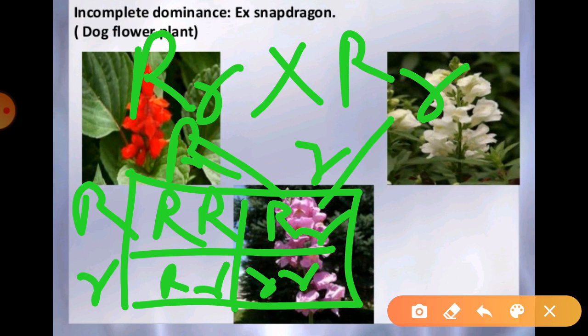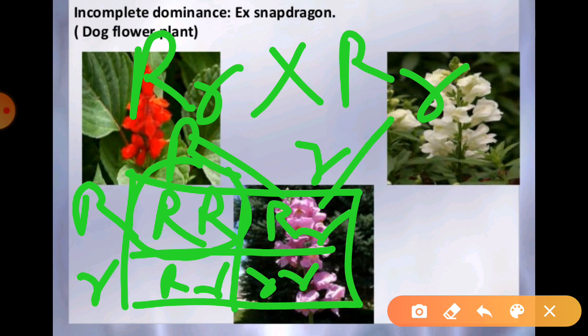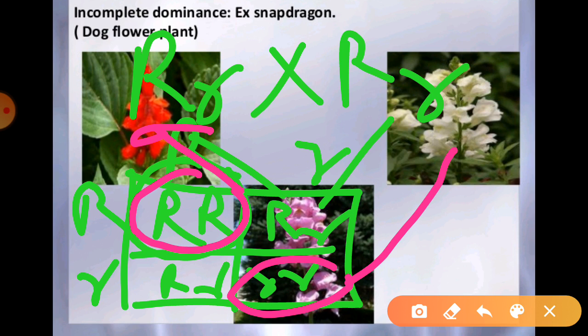Here these capital R can be denoted to the red color, and this small r can always be denoted to the white color.